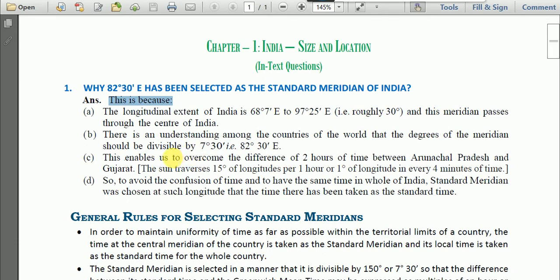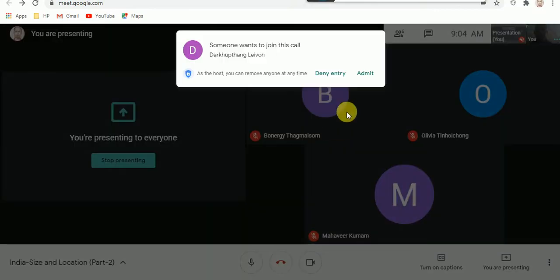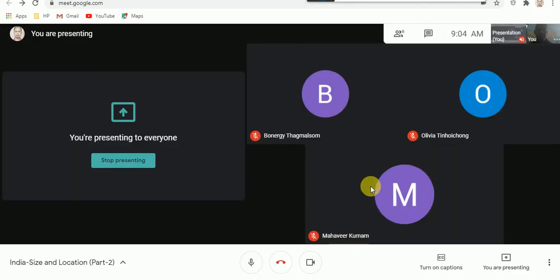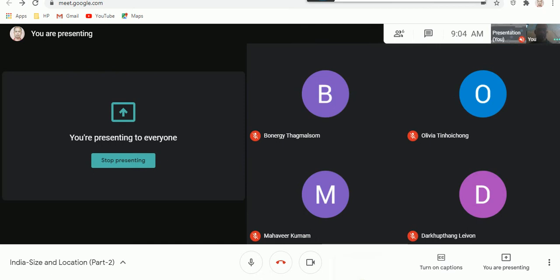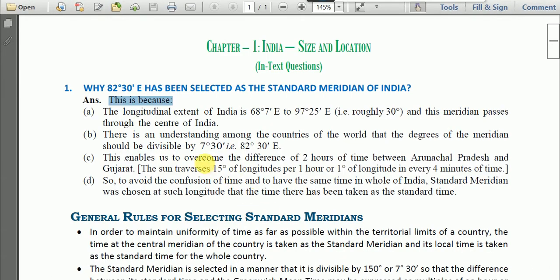This 82 degree 30-minute east has been selected as the standard meridian of India because, number A, the longitudinal extent of India is 68 degree 7-minute east to 97 degree 25-minute east.